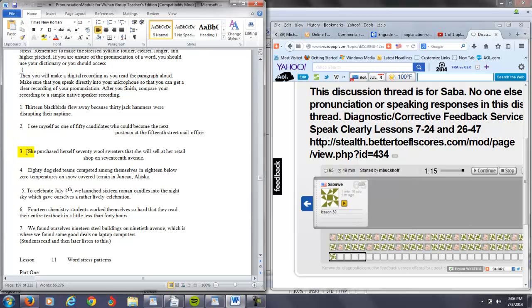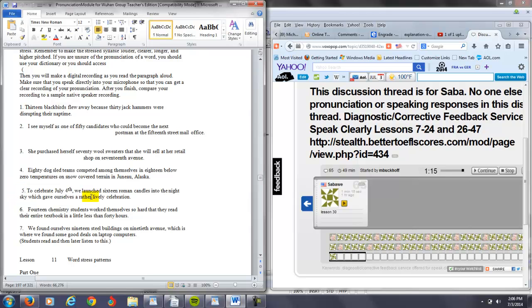She purchased herself 70 wool sweaters that she will sell at a retail shop on 17th Avenue. 80 dog sled teams competed among themselves in 18 below zero temperatures on snow-covered terrain in Juneau, Alaska. To celebrate July 4th, we launched 16 Roman candles into the night, which gave ourselves a rather lively celebration.